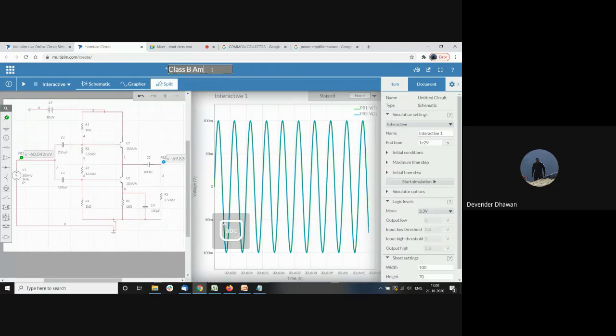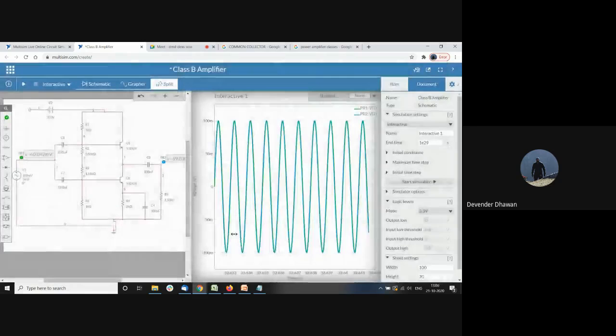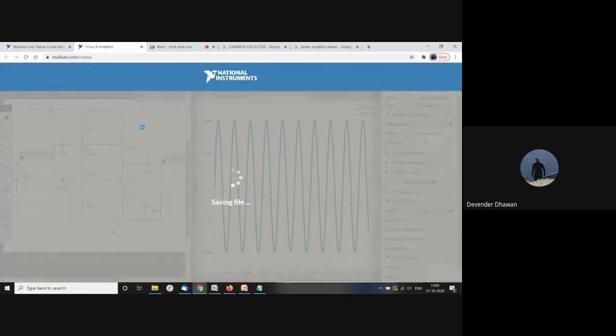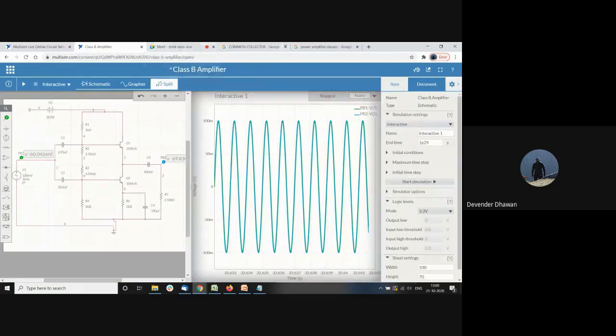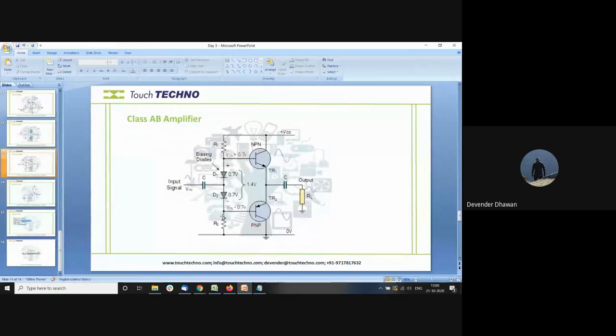Class B amplifier, and save it. Okay. So now class AB is there, which is exactly like that, but we have these diodes here instead of resistances, and we have a capacitor here.